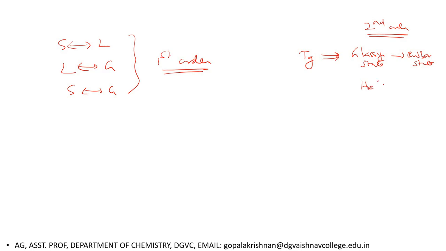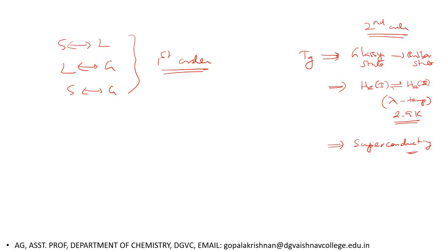Similarly, liquid helium, helium 1 and helium 2, at the lambda temperature. The lambda temperature is around 2.9 Kelvin. You know very well, at 2.9 Kelvin, helium exists in two different phases, helium 1 and helium 2, and this phase transition is an example of a second order phase transition. Apart from this, we have the superconducting phase transition.